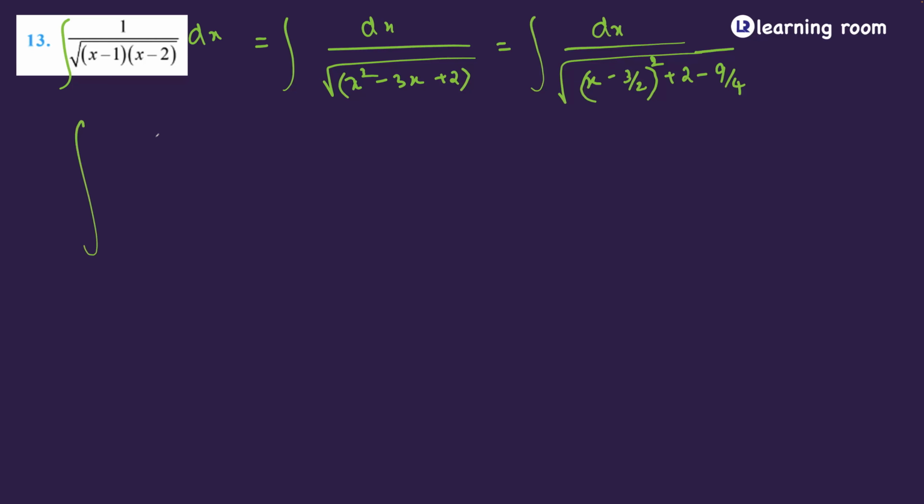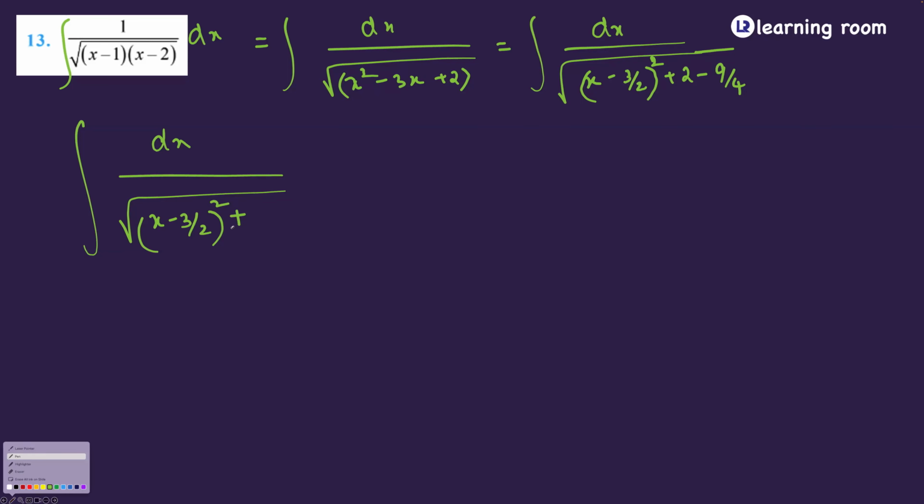So integral of dx divided by root of x minus 3/2 the whole square plus 2 minus 9/4 is minus 1/4. So can I directly write minus 1/2 the whole square? Can I directly write minus 1/2 the whole square?